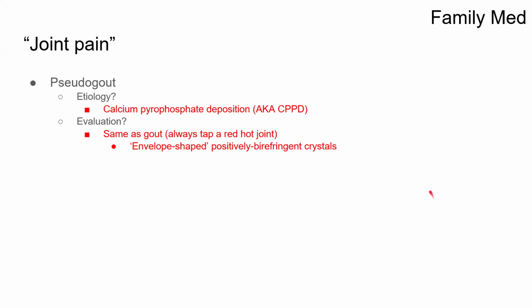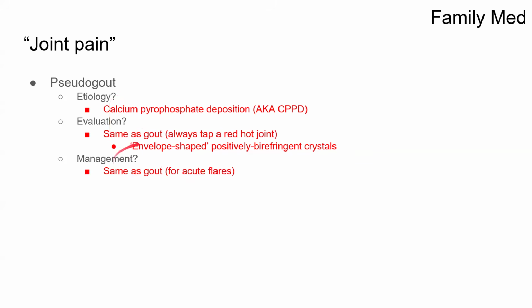But in CPPD, you'll have a radiopaque, white sliver in the joint. I wish I remembered what that term was, but that's associated with CPPD. I think it's calcinosis, maybe. Anyway, that's what you'll see in pseudogout.